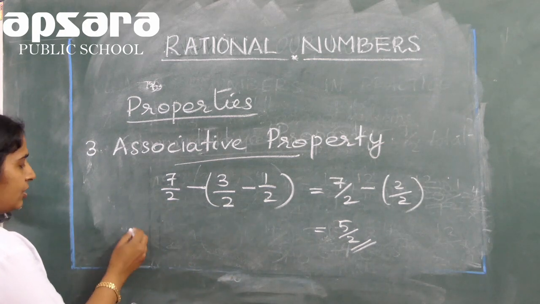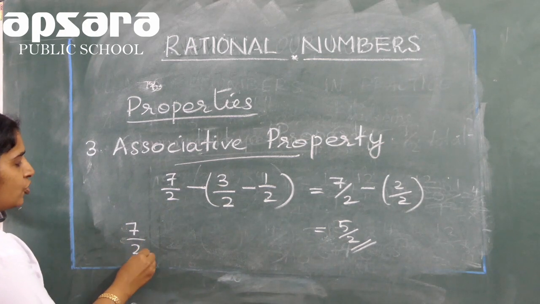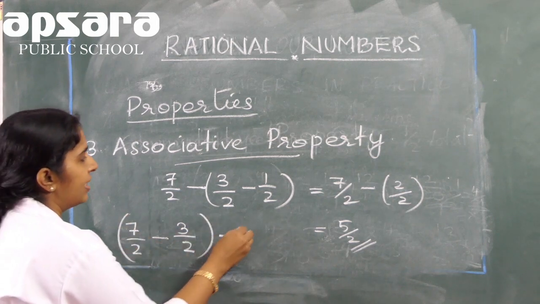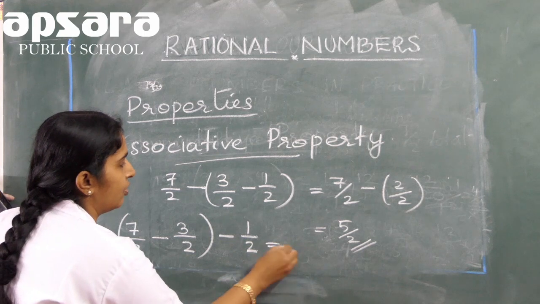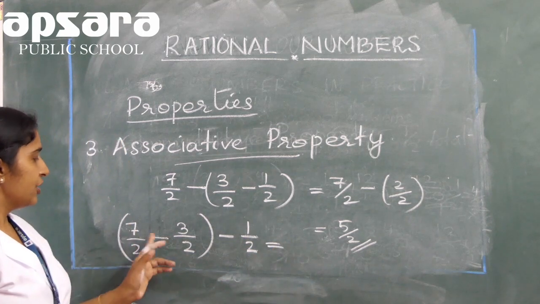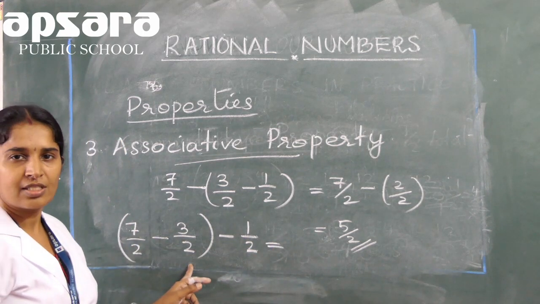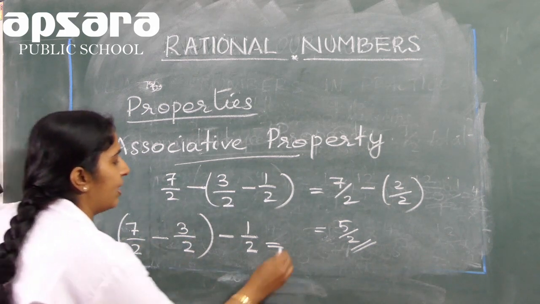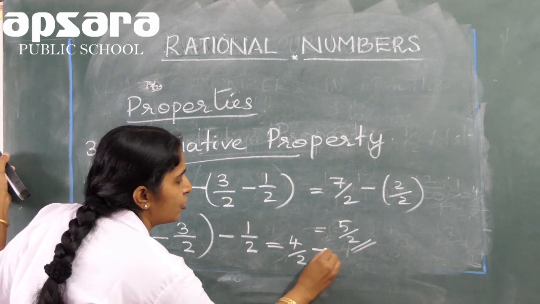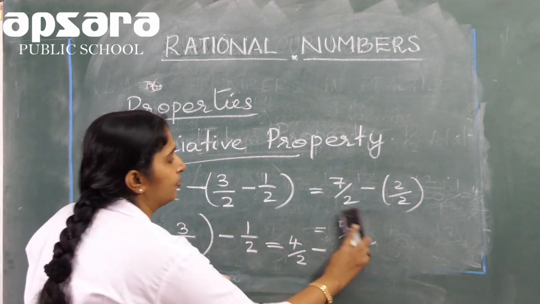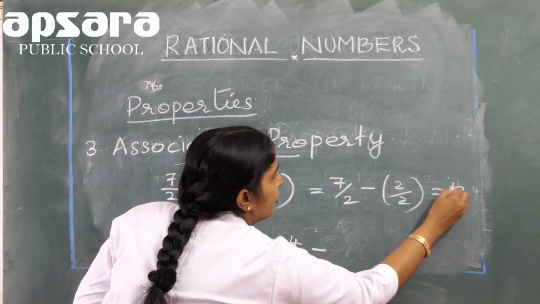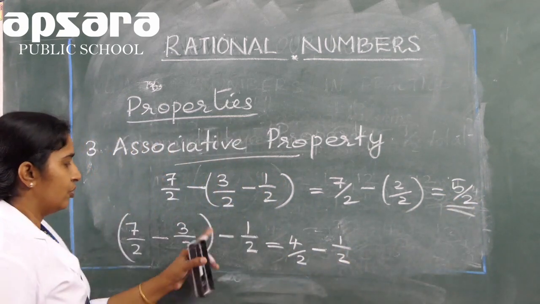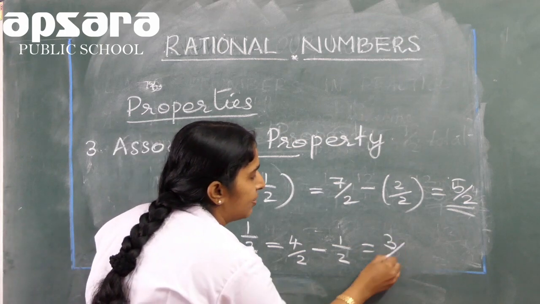But if you change the order, 7 by 2 minus 3 by 2 minus 1 by 2, then 7 by 2 minus 3 by 2 is 4 by 2. 4 by 2 minus 1 by 2 is equal to 3 by 2.